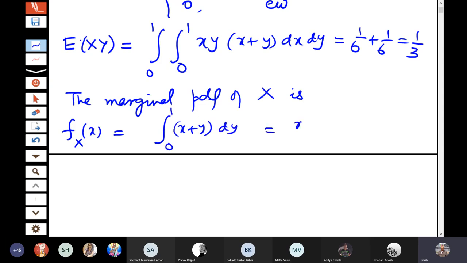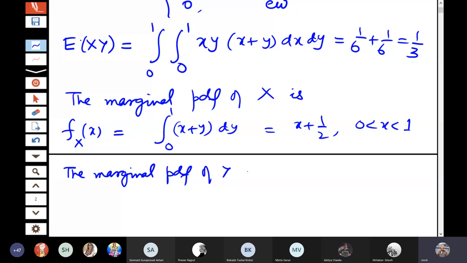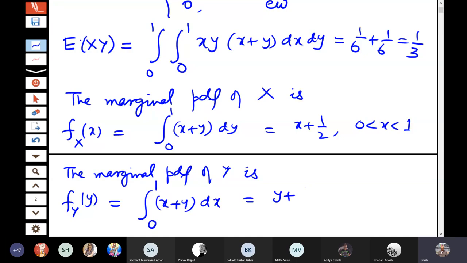So you get x plus half, that is the marginal distribution of x. Similarly, you can calculate the marginal distribution of y. Marginal PDF of y, that is obtained by integrating the joint distribution with respect to x. So that is equal to y plus half.